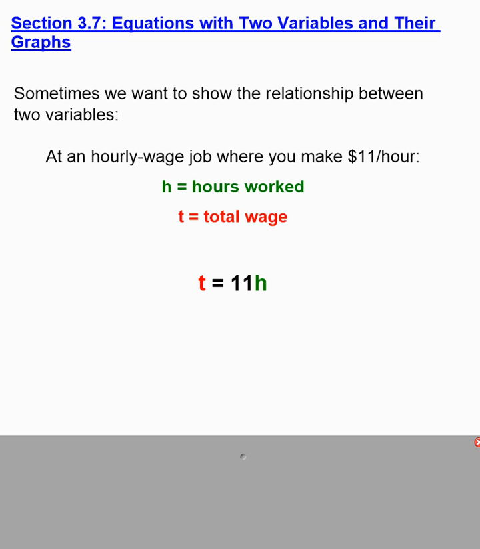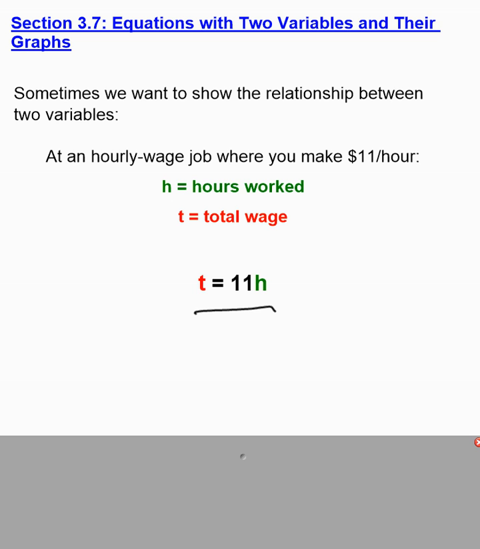So if you're at an hourly wage job where you make $11 an hour, if we set two variables, H is the hours worked and T is your total wage, then you end up with this equation here that shows us what the relationship between those two variables is. To find the total wage, you're going to take 11 and multiply by the number of hours.